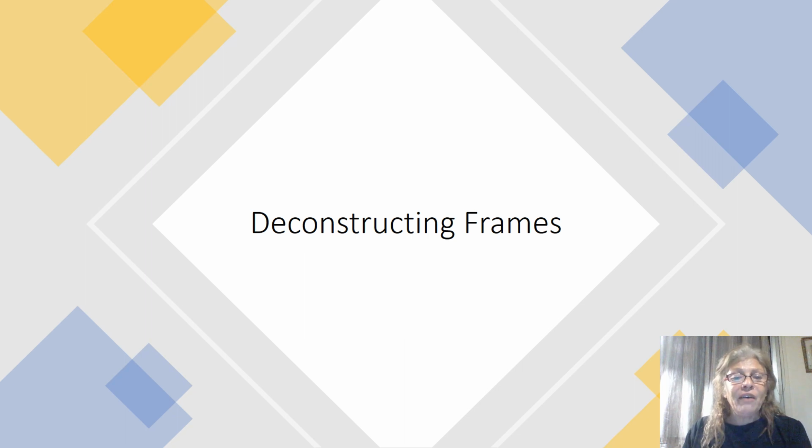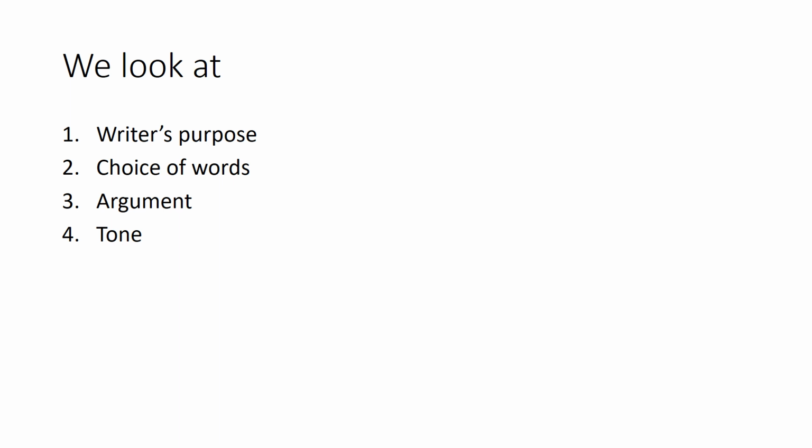Now that we have spoken about frames and understood what media frames are, let's try to learn together how to deconstruct these frames. In order for us to deconstruct frames, we look at very specific things. We look at 1.